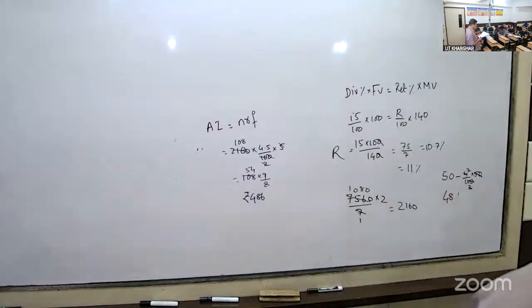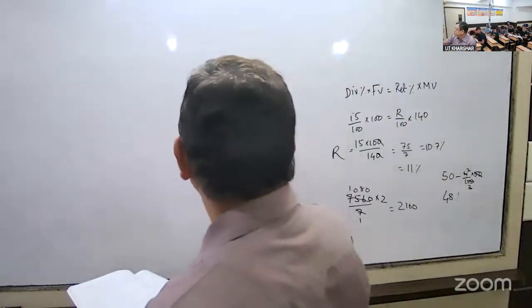Therefore, number of shares is 16,000 divided by 10, 1,600. Rate of dividend is not given. Now write annual income is equal to how much? 600. In bracket write annual incomes are equal. Annual income is equal to 600 because annual incomes are equal.